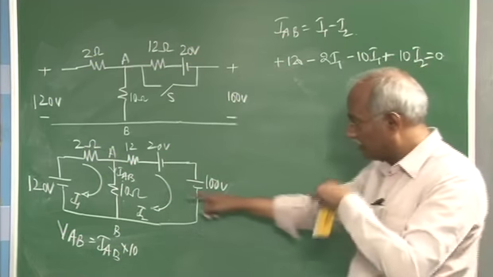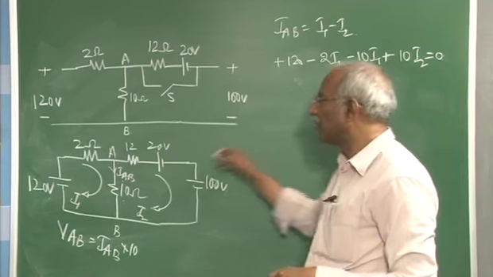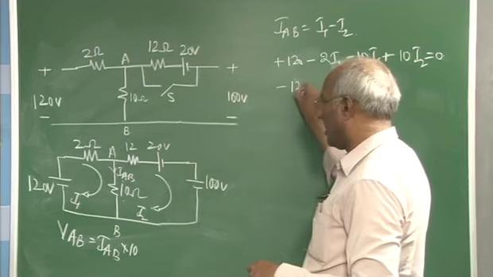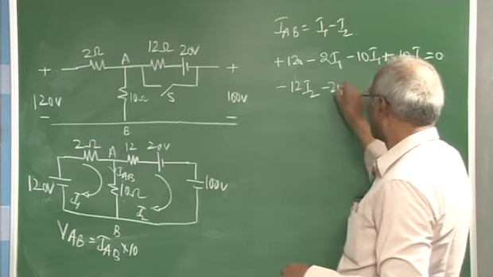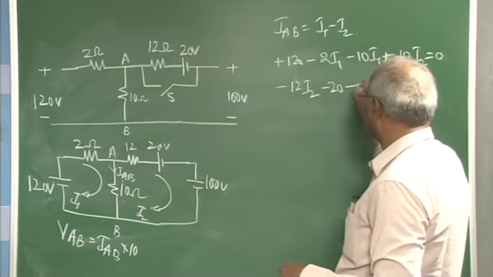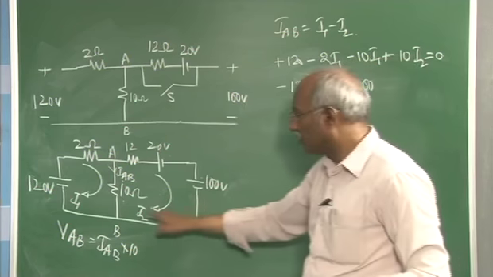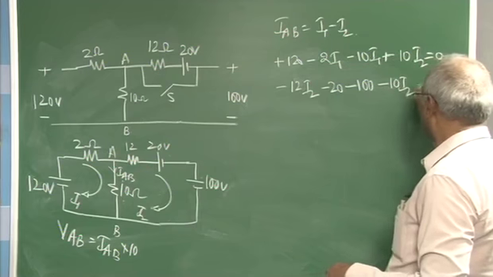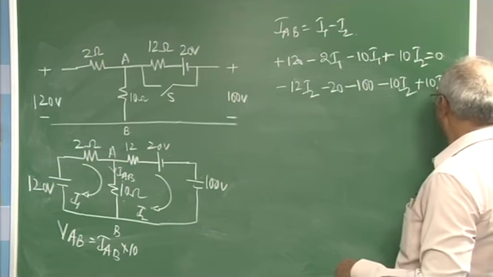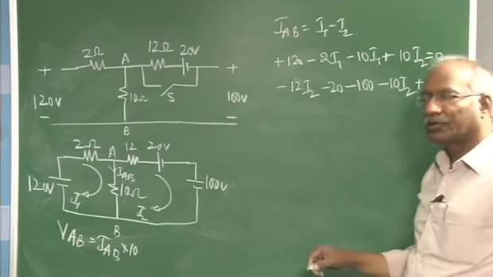Going for the second equation, that is this one. If I start from here, it is minus 12I2, plus to minus, minus 20, again plus to minus, minus 100. As I go in the direction of I2, it is minus 10I2 and plus 10I1, which gives the second equation.